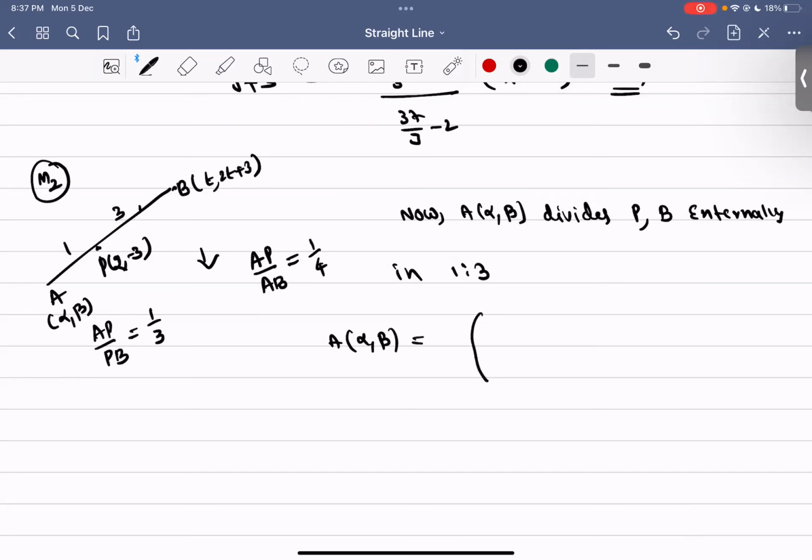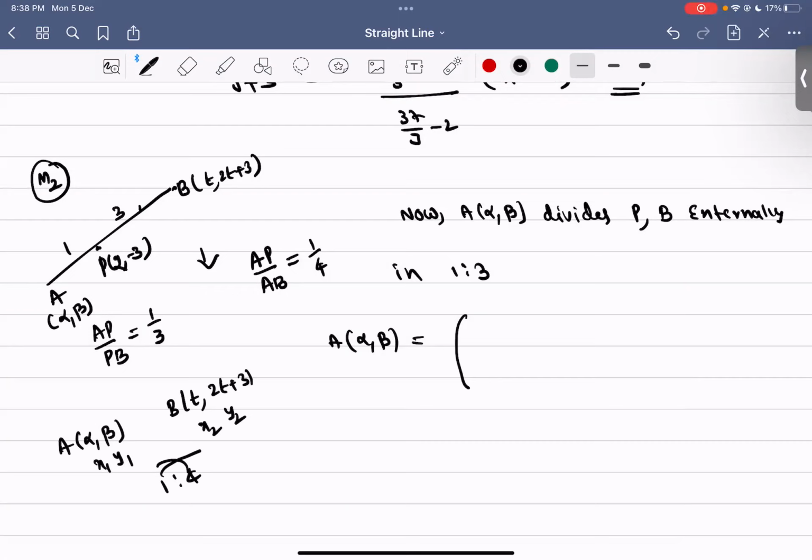So whenever the situation is of this type, instead of using the internal division formula, we try to use the external division formula. A similar question we solved in the division formula. So mx2 minus nx1 by m minus n. Here the points are P, 2 comma minus 3, and B, T comma 2T plus 3. These are x1 y1, x2 y2. Ratio is 1:4.